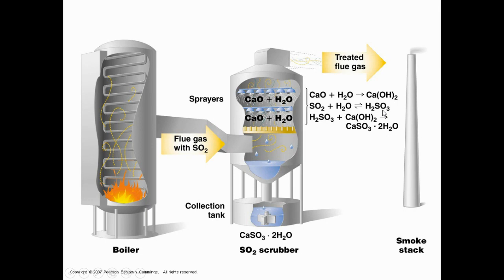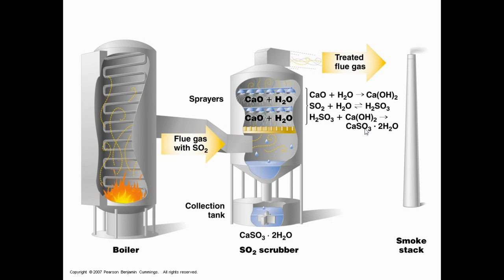Well, here's how we get rid of that. The sulfurous acid, that's an acid, is going to be neutralized by this base, calcium hydroxide, formed from our calcium oxide, or our quicklime. And that's going to produce an insoluble hydrate, calcium sulfate dihydrate. And then this stuff, of course, will form as a solid and can be gotten rid of.